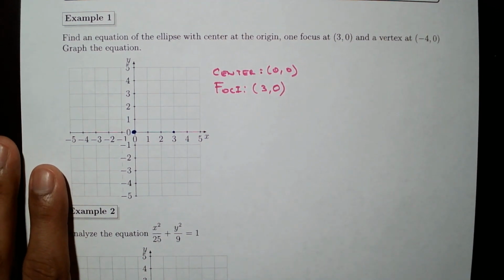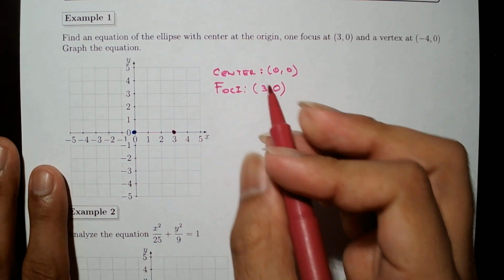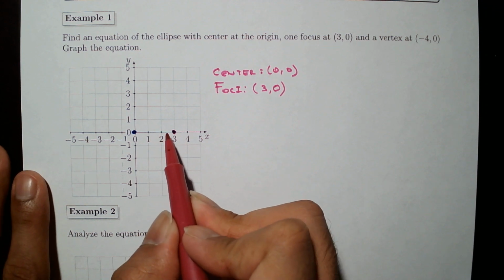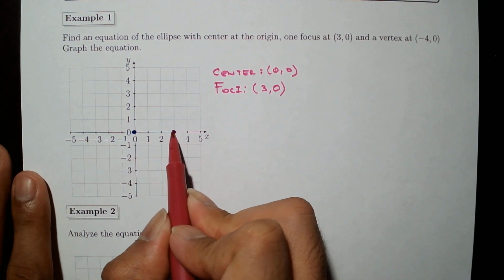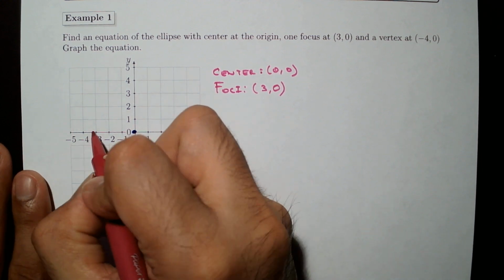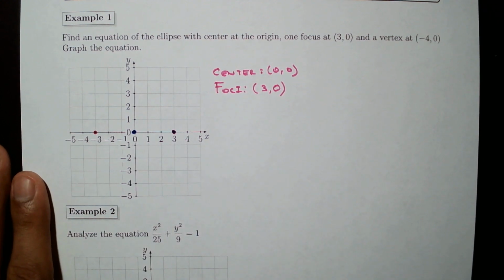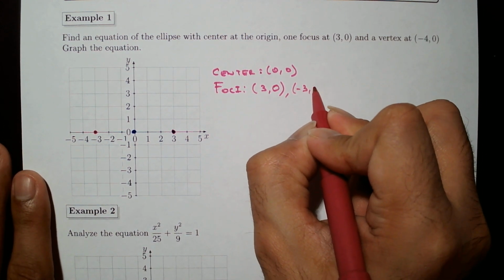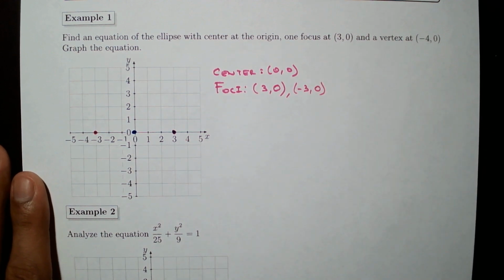Because the center is at the origin and ellipses are symmetric, the other focus will be the point (-3, 0). Let's write that one down: (-3, 0).